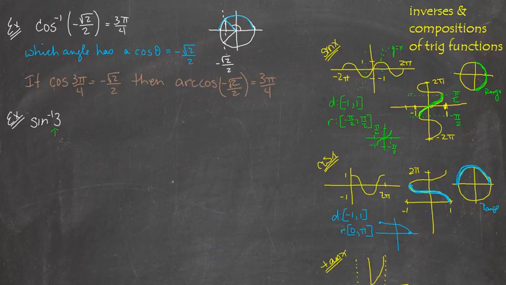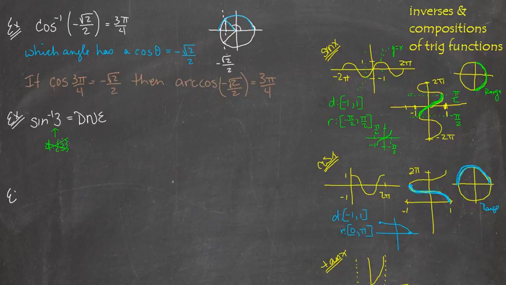This would be the domain of this sine value. This is saying that a domain element includes 3 in the set. But if I come back over here to my inverse sine domain, I only have domain elements between -1 and 1 on the inverse sine graph. So this is impossible. So this function doesn't even exist.